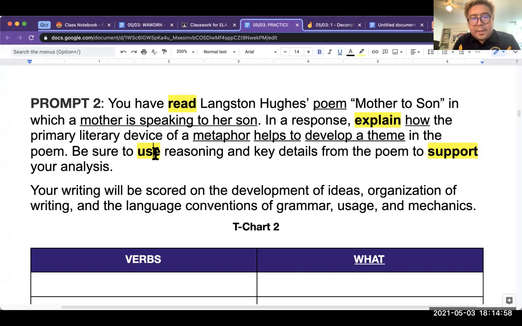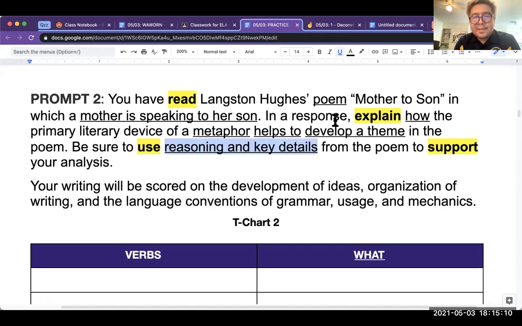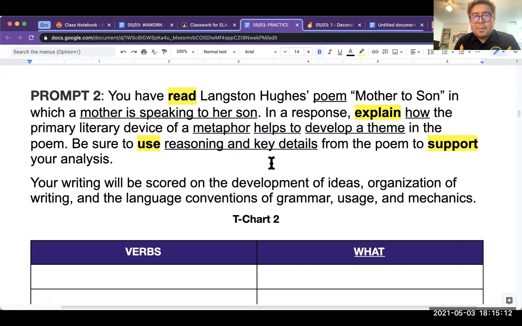What are we going to underline to pair up with use? Reasoning and key details. This is just another way to say cite evidence. And what are we supporting? Our analysis. Analysis means the thing that we just analyzed. Okay.